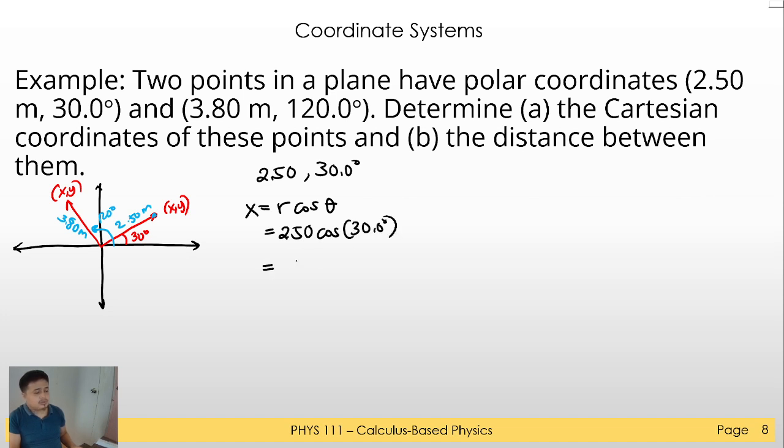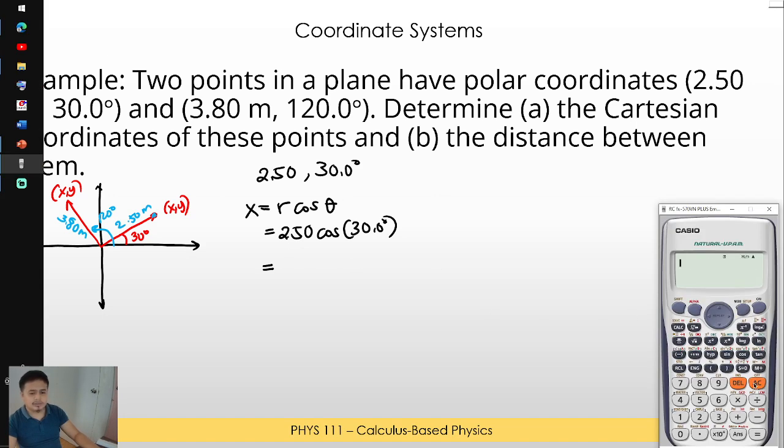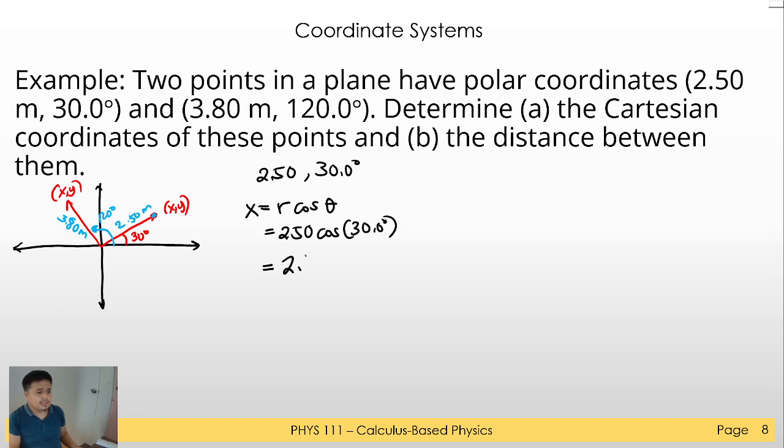So this will be equal to... this cannot be calculated directly. So we have 2.165, I'm sorry for that, 2.165 meters. So this is the x coordinate.